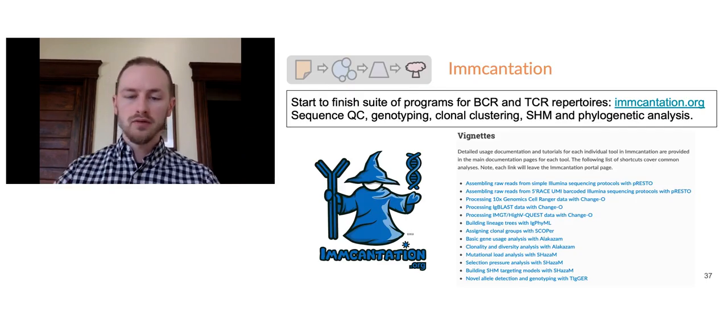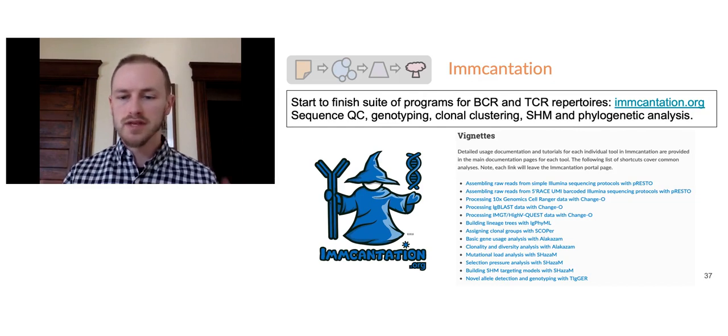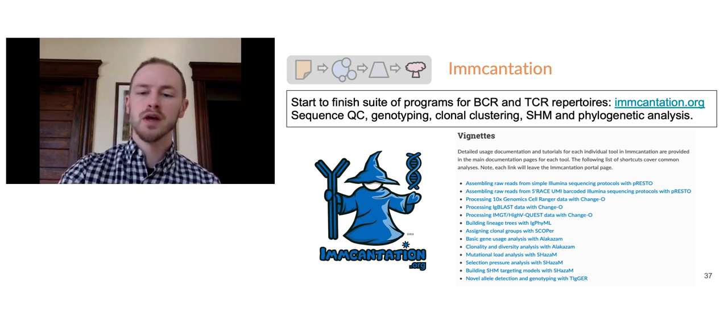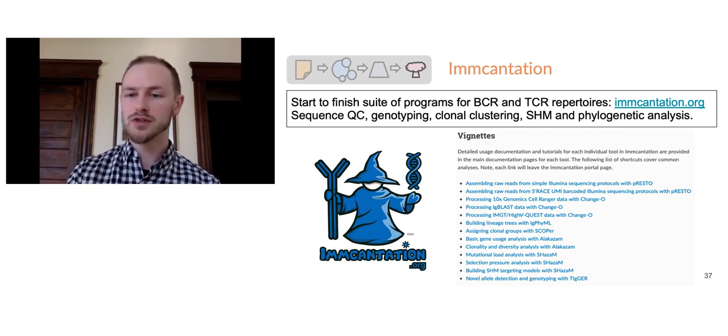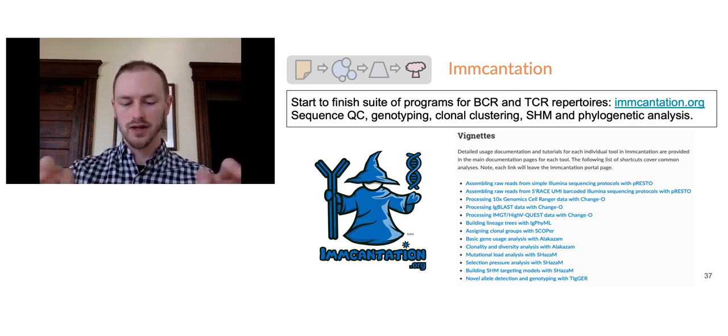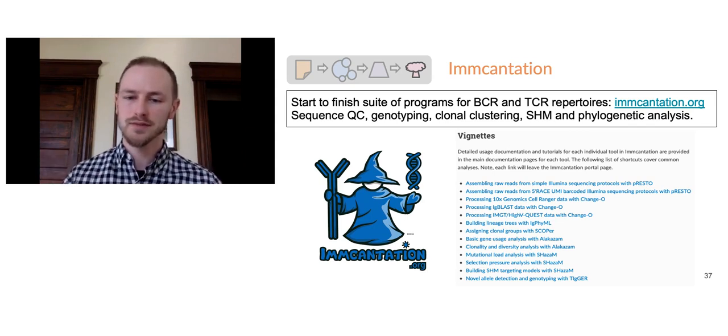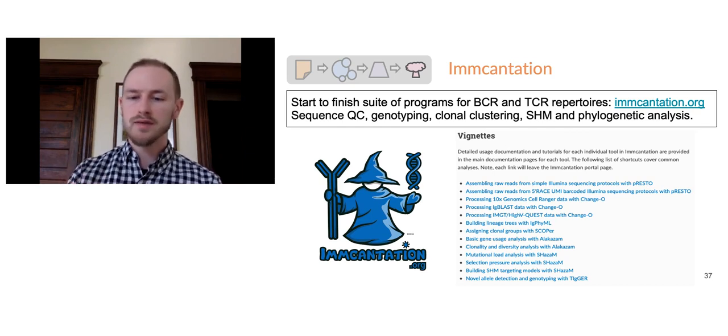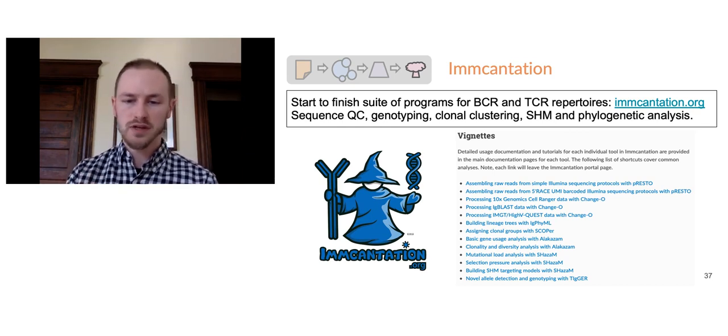Just to be clear, everything in this tutorial is part of the Immcantation suite, which is a start-to-finish suite of programs for BCR analysis developed and maintained by the Kleinstein Lab. So if you're interested in using these tools, check out our website at immcantation.org. That is the main link, which links to all of our other documentation sites. We put a lot of effort into maintaining and documenting these tools to keep them working and user-friendly.